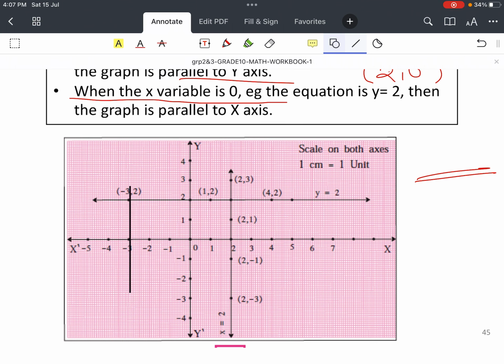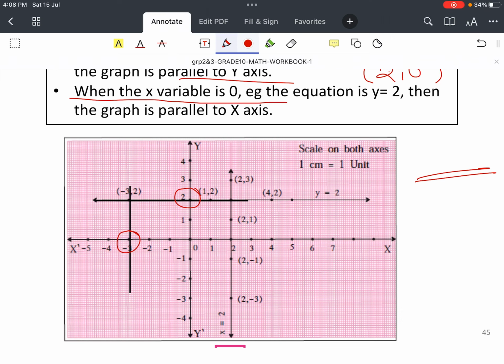Next, what is the next point? Minus 2. So place one line over there like this and keep it over there. Clear? Now look here. So this is a point. Okay, so just go to the graph. So this point is minus 3, this point is 2, and we want to draw the point on the graph which has the coordinates minus 3 and 2.